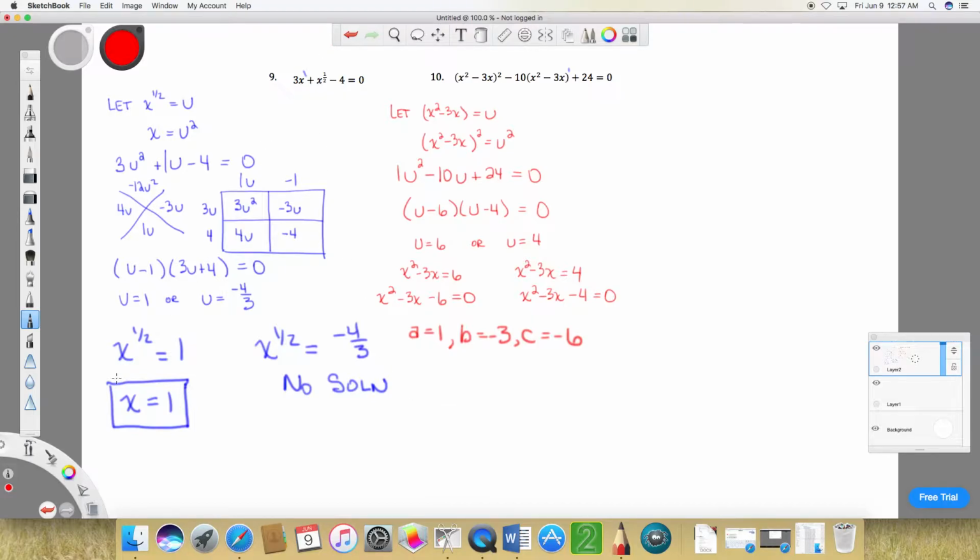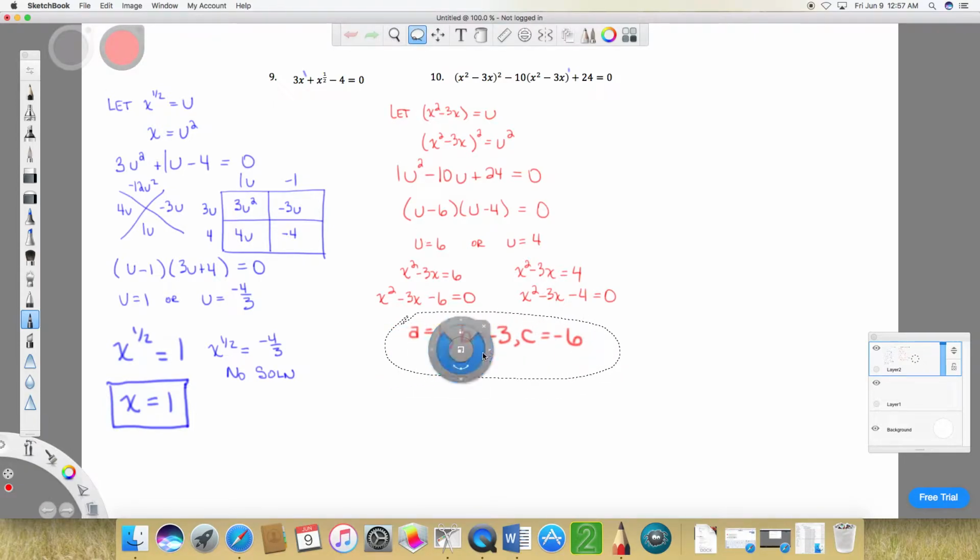I'm going to shrink that up too because that's kind of in my way. I am getting better at this software. However, it's still awkward at times to use.